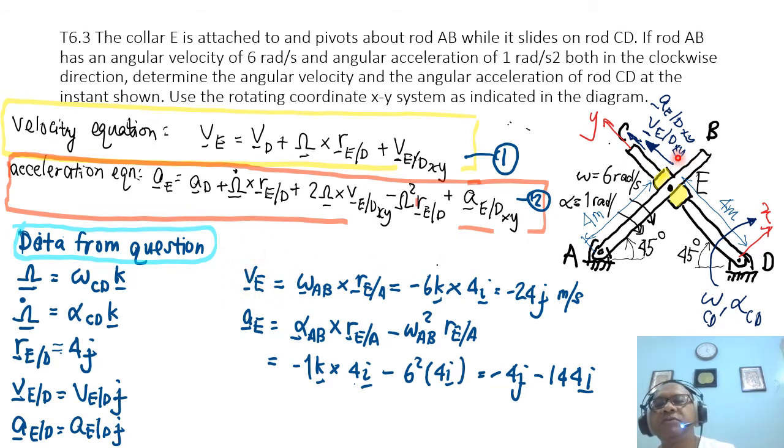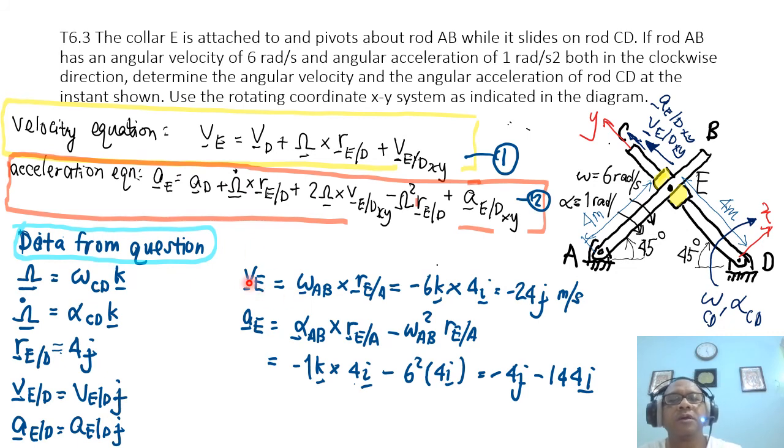Velocity of E, because E is pivoted on... so we have the acceleration equation here.